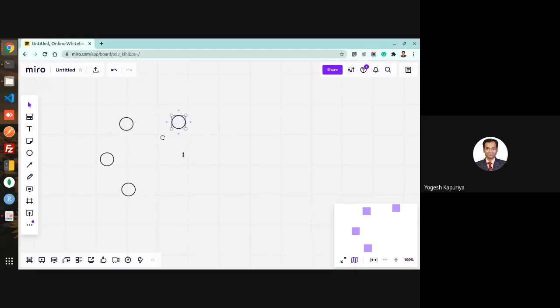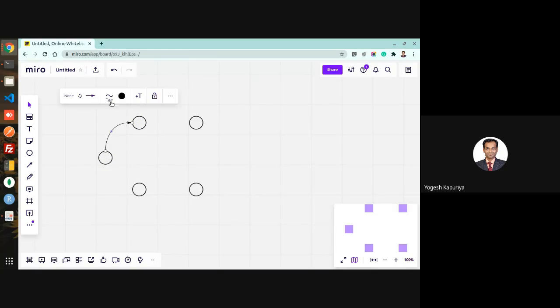So we have 5 vertices total. And obviously it's a directed graph, so you have a direction associated with every edge, and also it's a weighted graph, so you have a weight associated with every edge. So you have this.